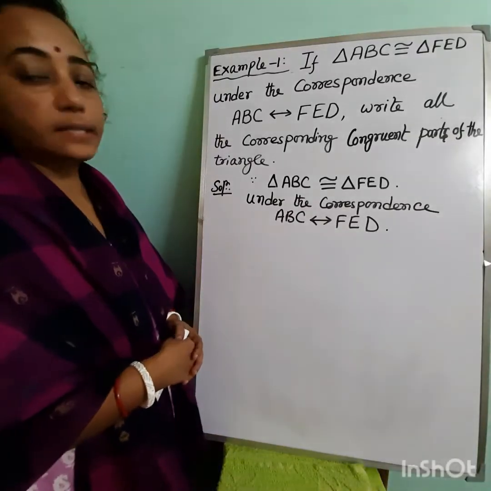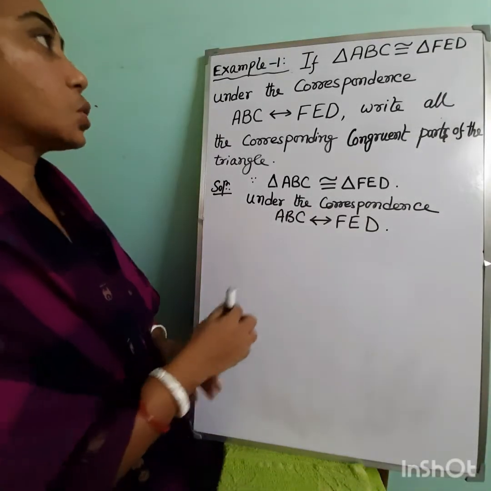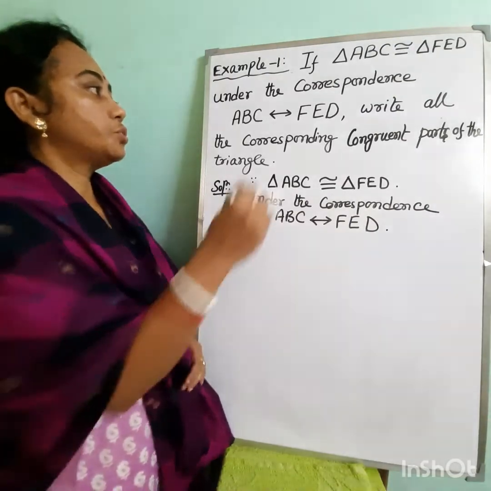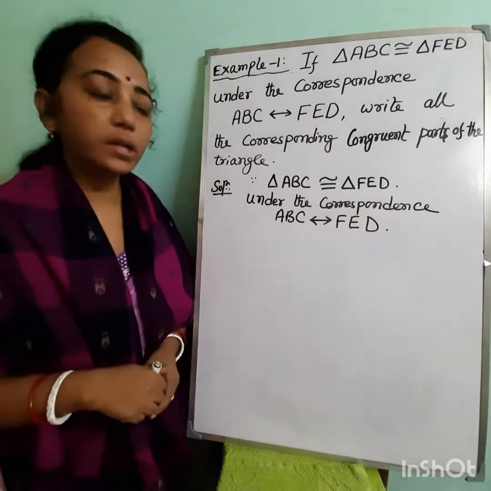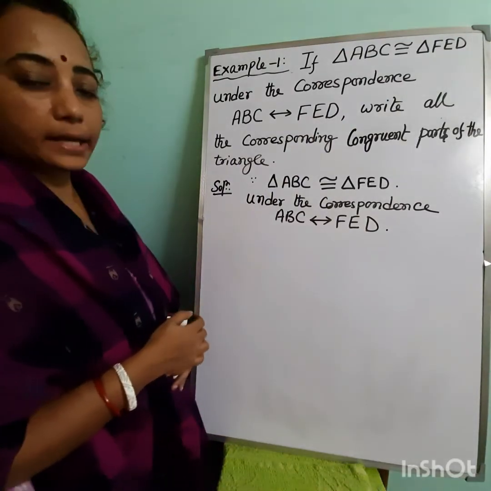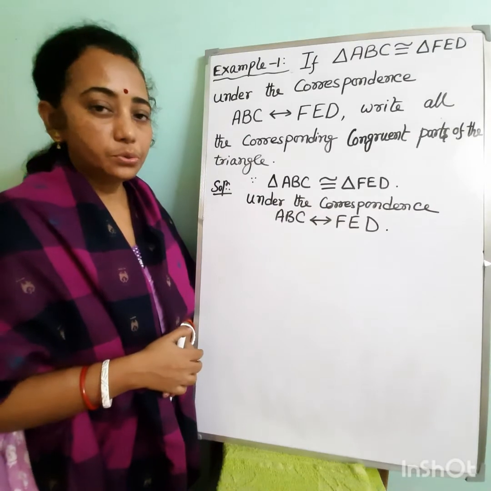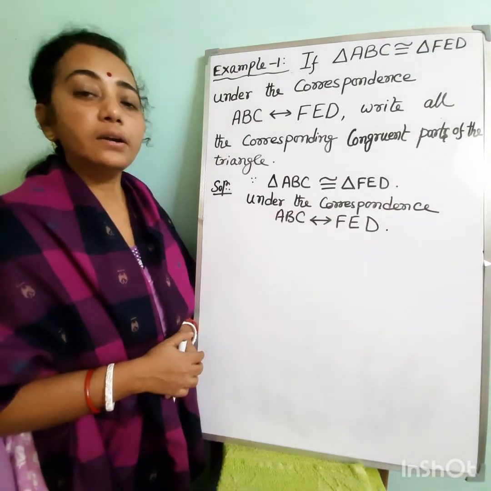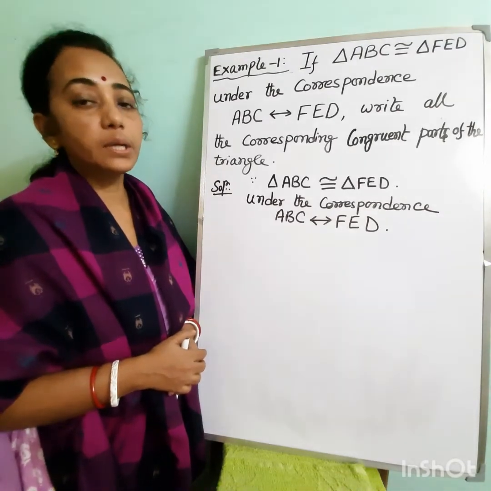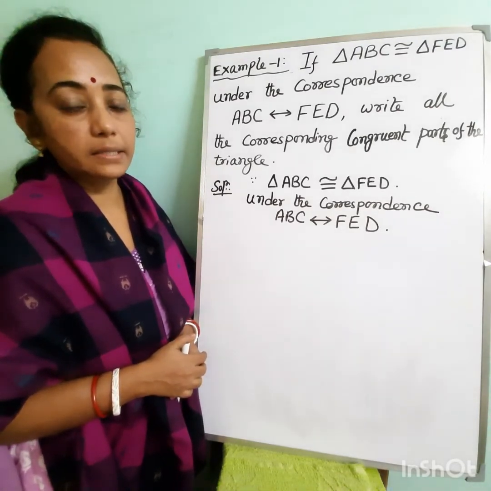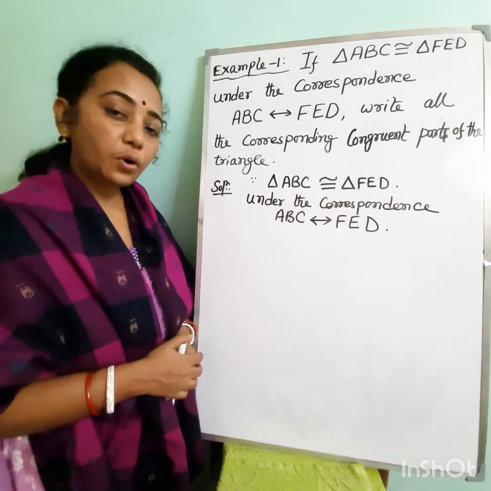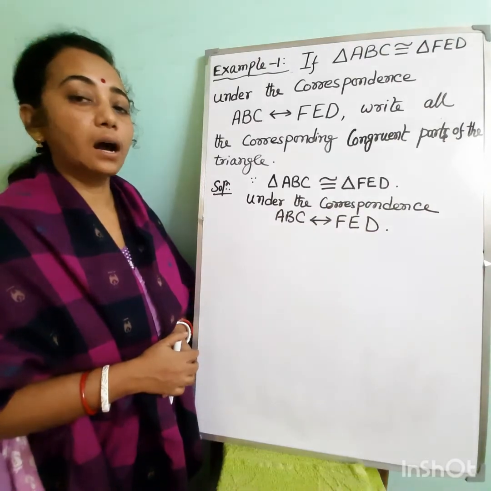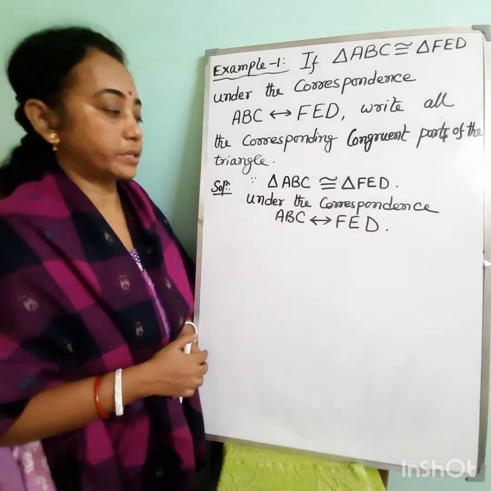Let us do one example. If triangle ABC is congruent to triangle FED, under the correspondence ABC to FED, write all the corresponding congruent parts of the triangle. We know that two triangles are congruent if and only if there exists a correspondence between their vertices such that the corresponding sides and the corresponding angles are equal or congruent.